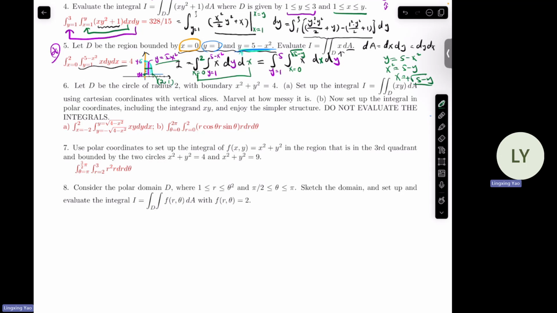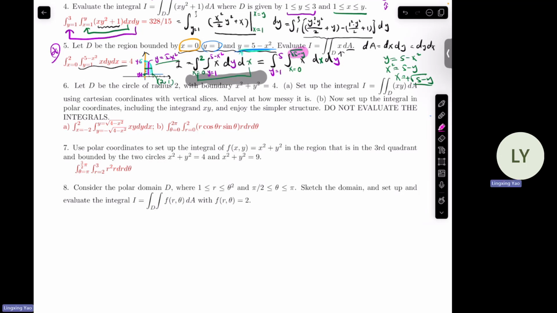Okay, so this is the first question we want to discuss. Obviously, it looks a little bit easier to evaluate this integral by using the first setup.